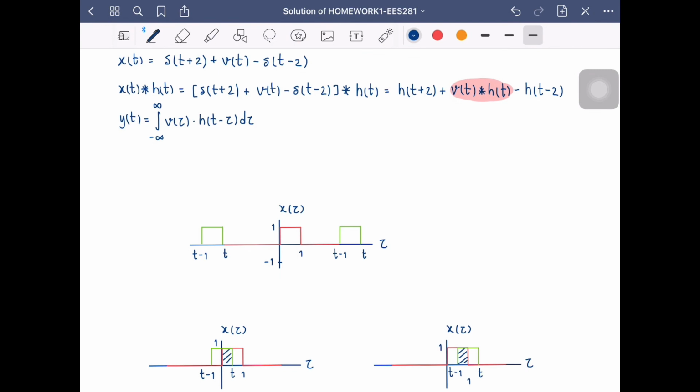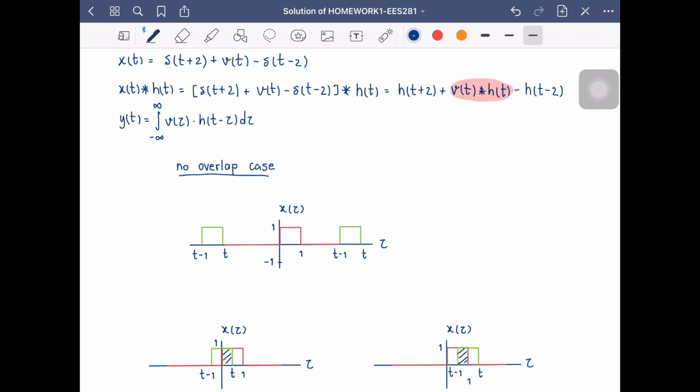Now first, the no overlap case. The no overlap case has two cases.